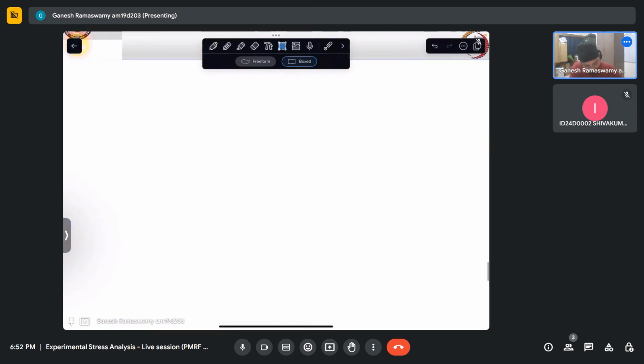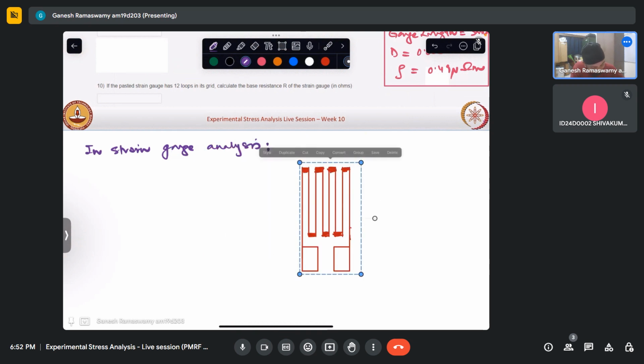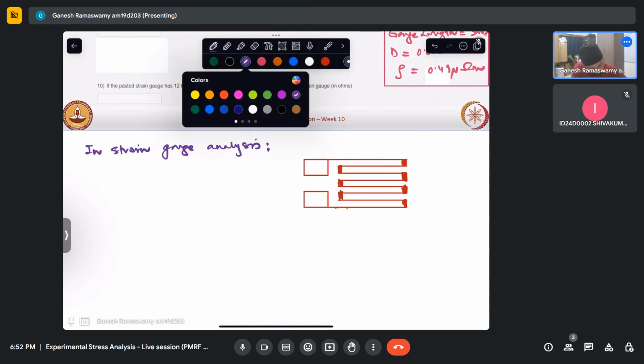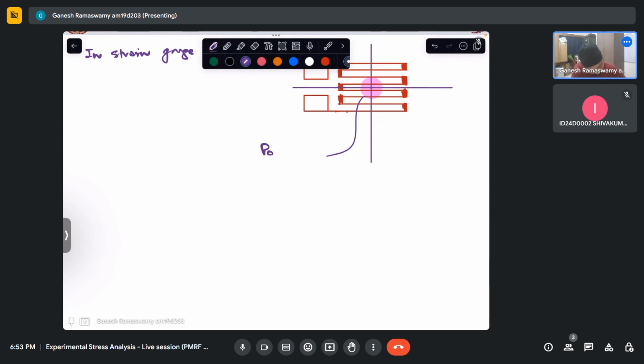So in strain gauge analysis, the strain is basically measured at this point, the point where strain was intended to be measured.